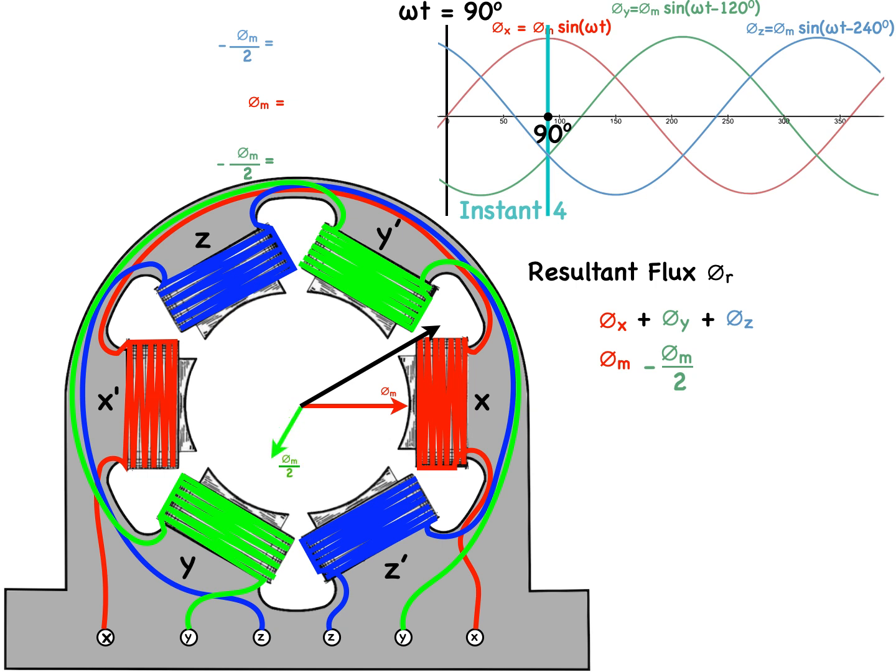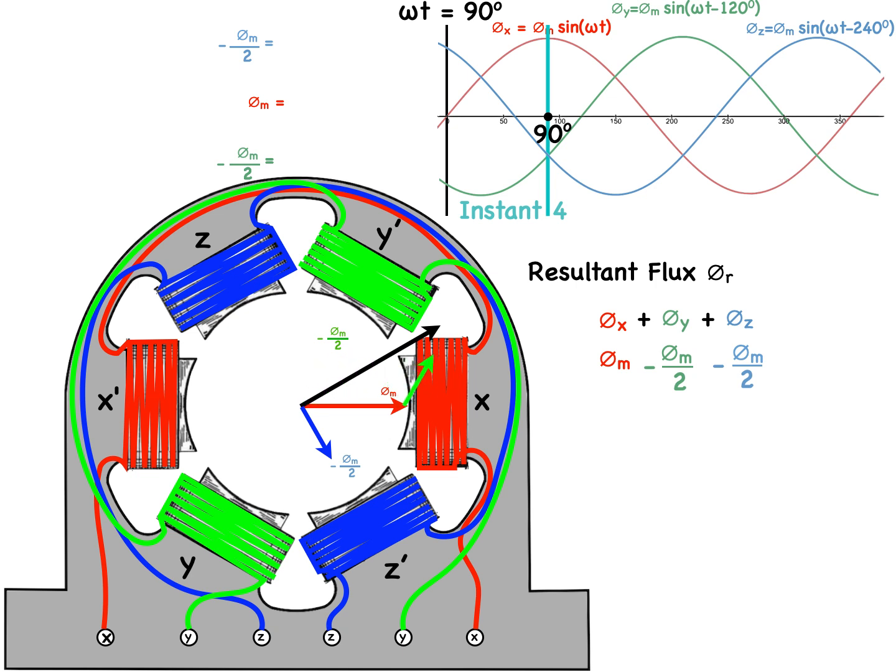If it were positive, it would be in this direction, but it's negative, so we're going to put it in this direction. When we plot the blue phase flux minus phi m all over 2, if we were to plot it positive, it would be in this direction, but again, it's negative, so it's going to be in this direction. If I'm going a little bit fast here, it's because the process is the same, and we're just going to speed through it. Some of the numbers are different, of course.